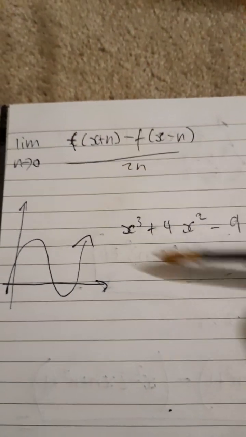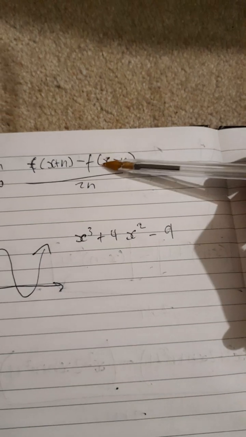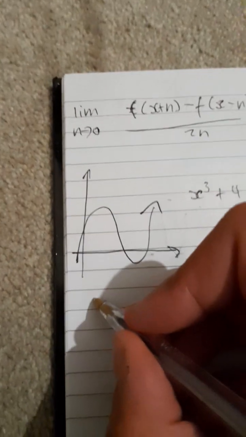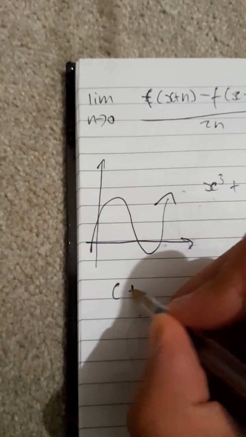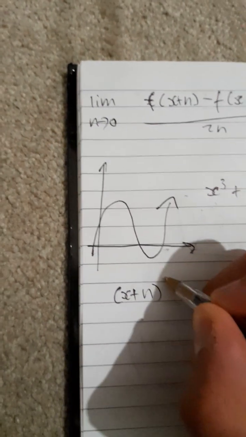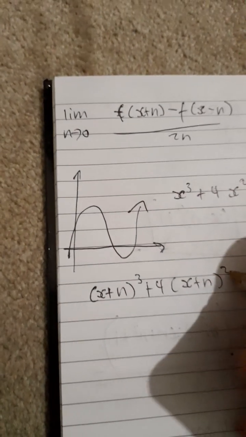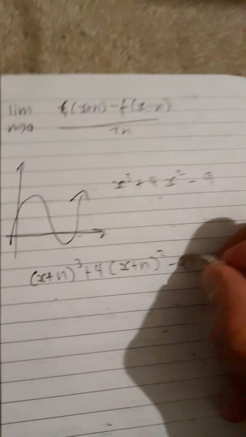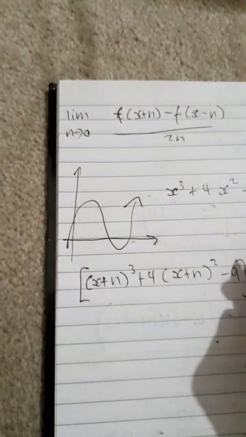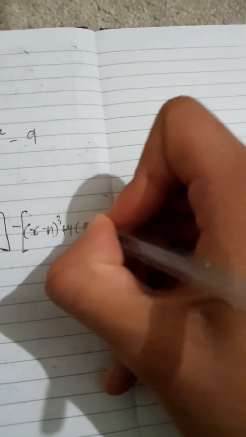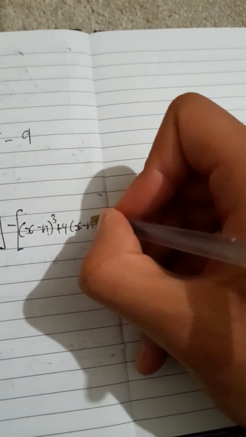I'm going to sub x plus n into that, and subtract what we get when we sub x minus n into that. So it's going to be big brackets, x plus n cubed plus 4 times x plus n squared minus 9, subtract, big brackets, x minus n cubed plus 4 times x minus n squared minus 9.